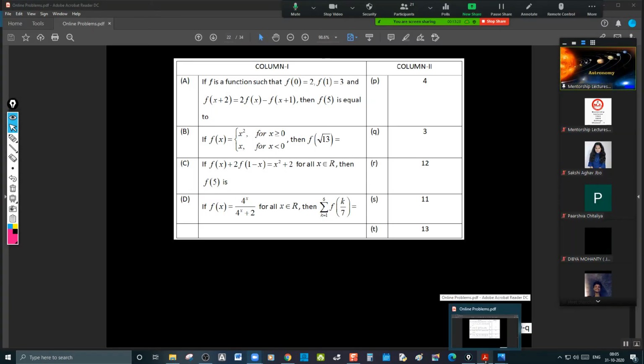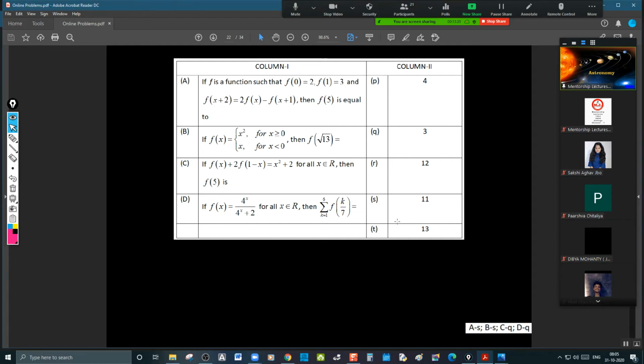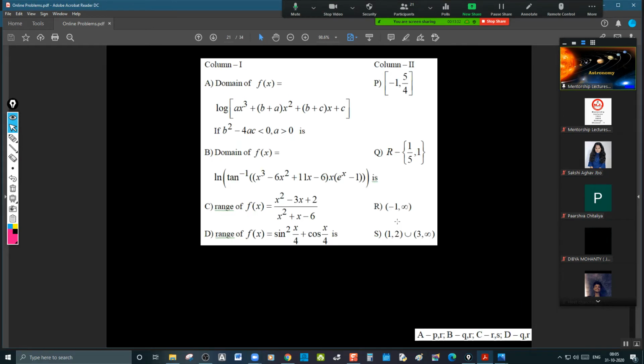This is the question we discussed in the previous class. Domain of the function A and B, and C and D are related to range of the function.